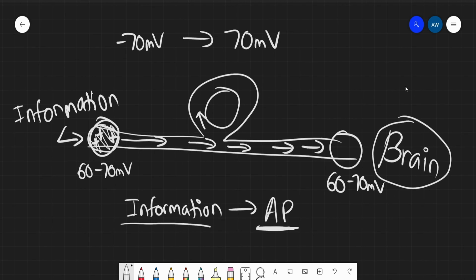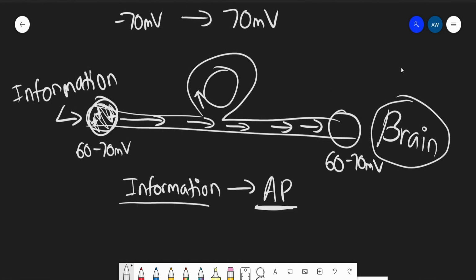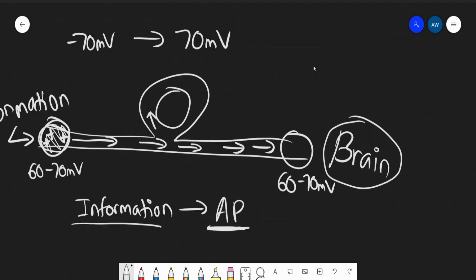I should also mention that this mechanism, we haven't uncovered what it is yet, but it is universal throughout all nerve cells. I've been constantly using sensory nerve cells as an example, and I don't want you to think that this mechanism is specific to sensory nerve cells. It can also happen in motor neurons.